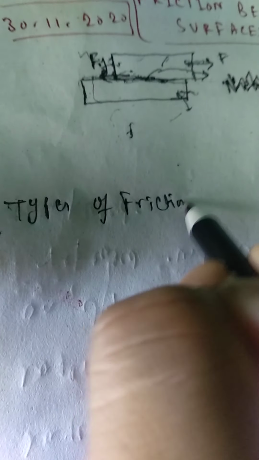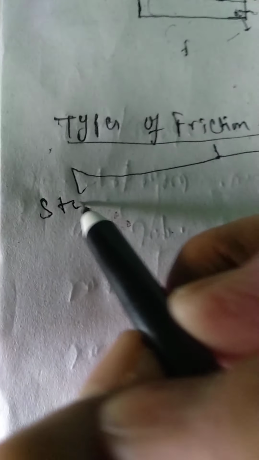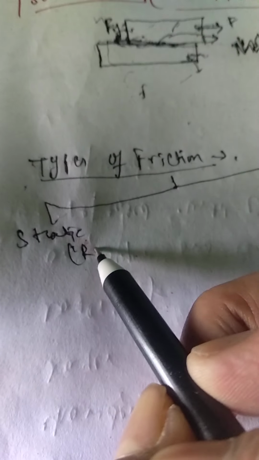So broadly, friction can be divided into two types, as you all know: static friction and dynamic friction. Static friction comes into play when the body is at rest, and dynamic friction is experienced when the body is in motion.